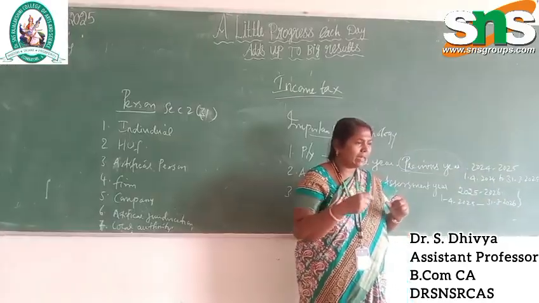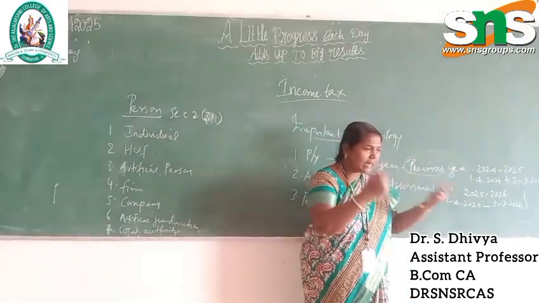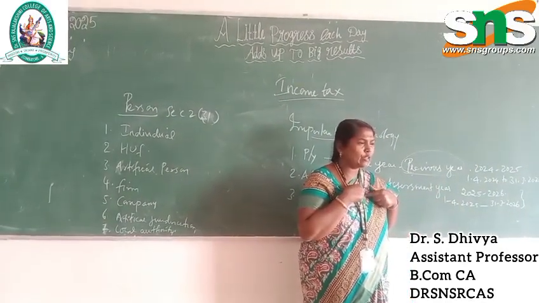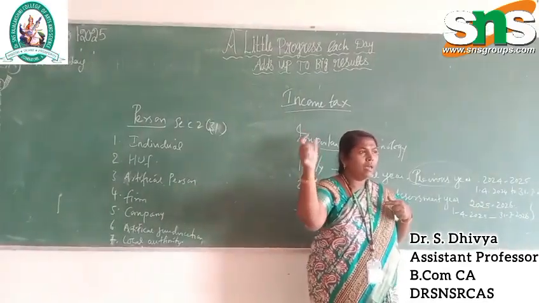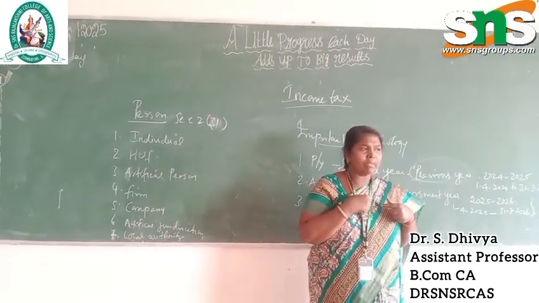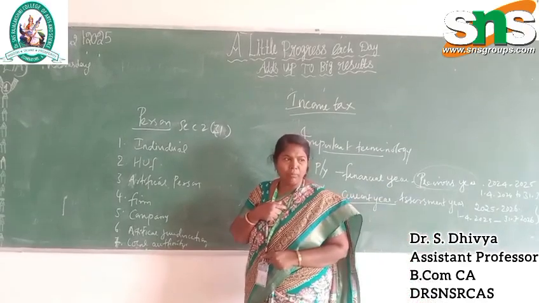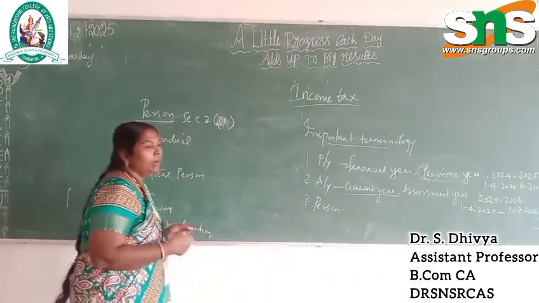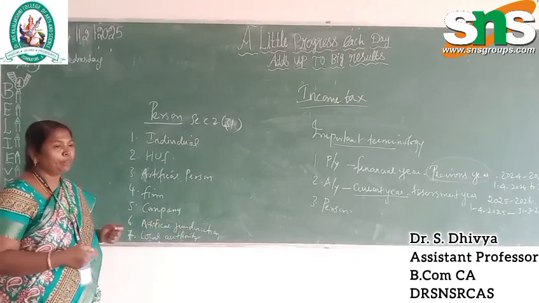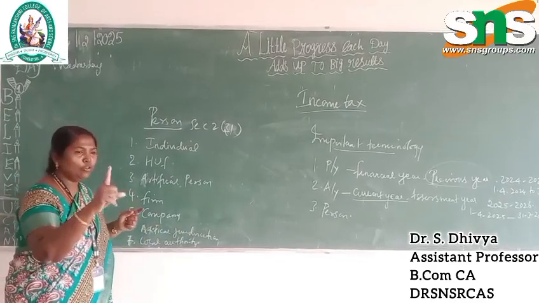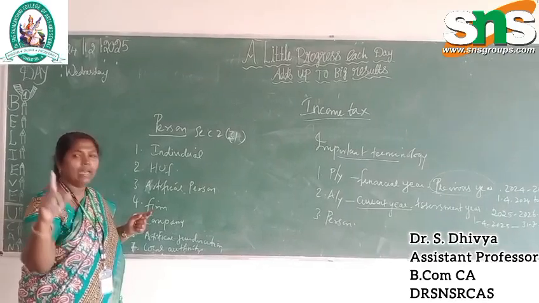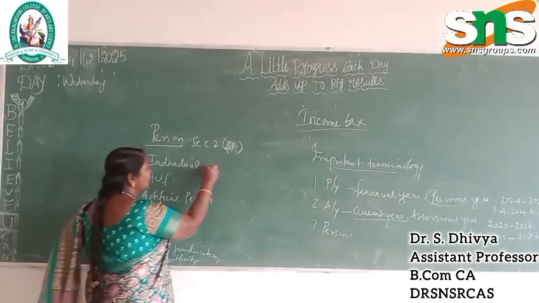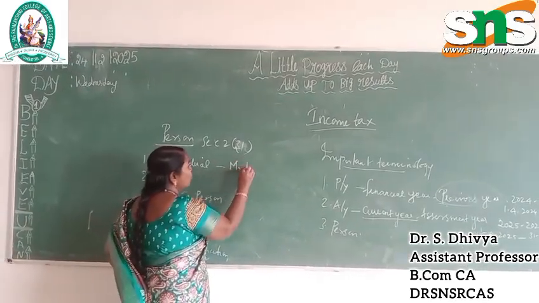If I am a salaried person, or if I have my own house property, I am an assessee for Indian income tax. Even our Prime Minister Modi is an individual. An individual is a person who is liable to pay tax to the government.